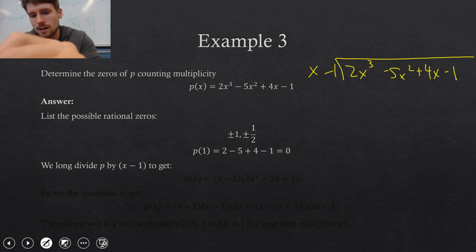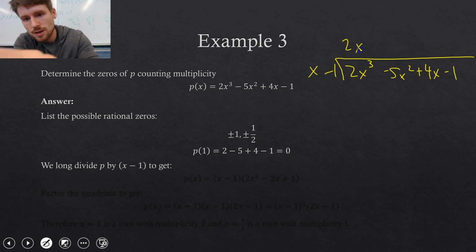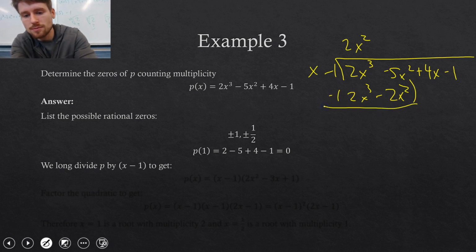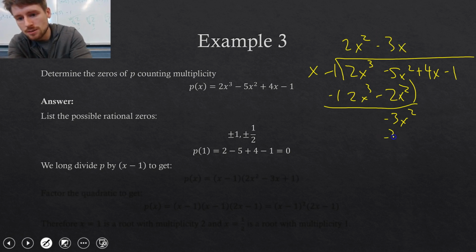And we'll go ahead and figure out what we need to multiply that by. 2x squared. We have 2x cubed minus 2x squared. Take that away. -5 minus -2 is -3x squared. So we multiply by -3x, giving minus 3x squared plus 3x.